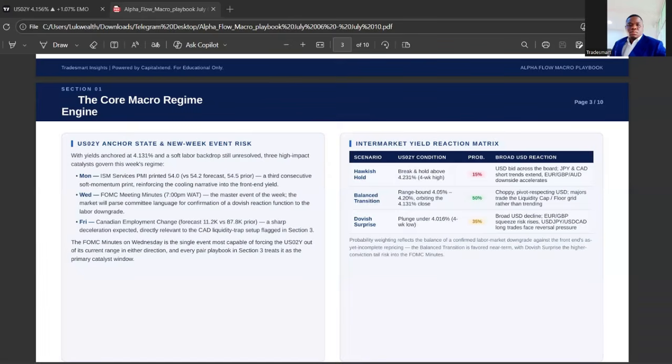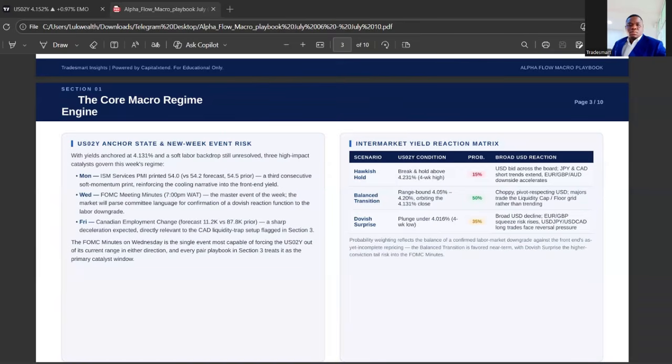So yield just stays in range, 4.05 to 4.2 or so. Minutes show some concern, but nothing forces a full repricing. This is the wait for more data outcome, and it is the most likely simply because minutes alone rarely force a big move, because they are backward looking.